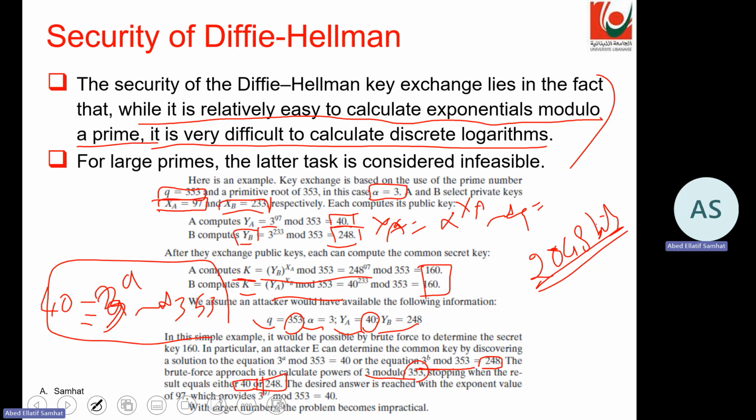If we try them, we find that it is reached with the secret key of A equal to 97.